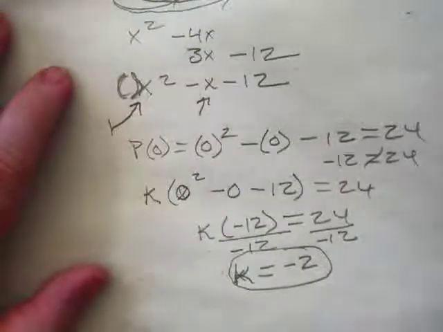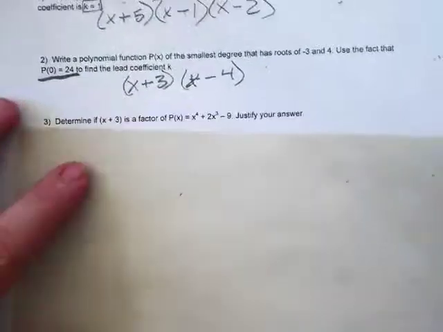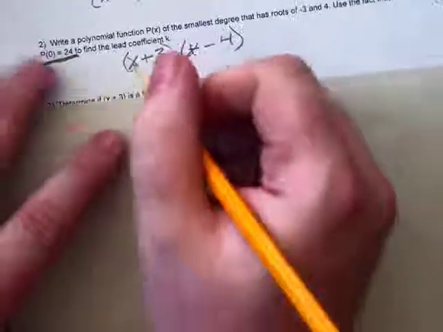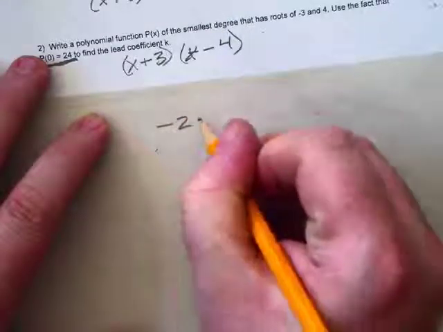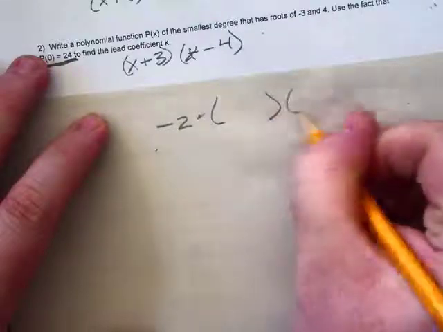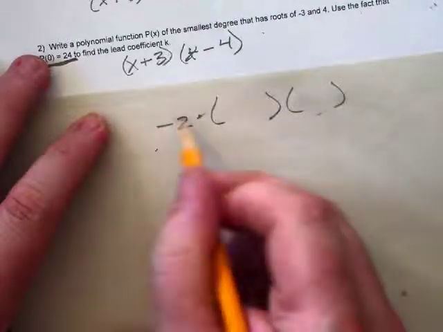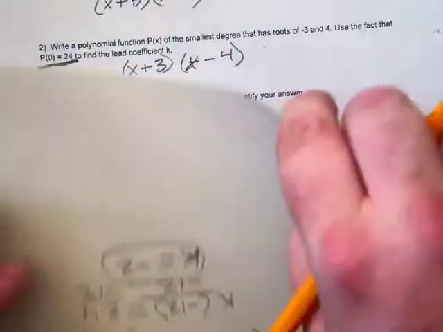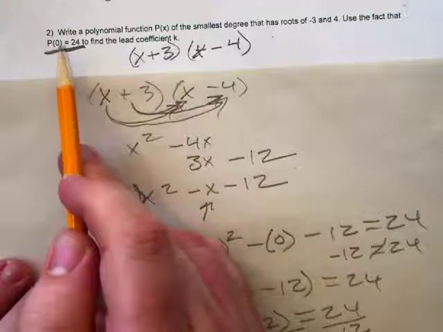With that information, we can now plug everything in and get the final thing. We know that we have negative 2 times this times that. Because k is our first number, and we found that in order for k to work, we were looking up the p sub 0.